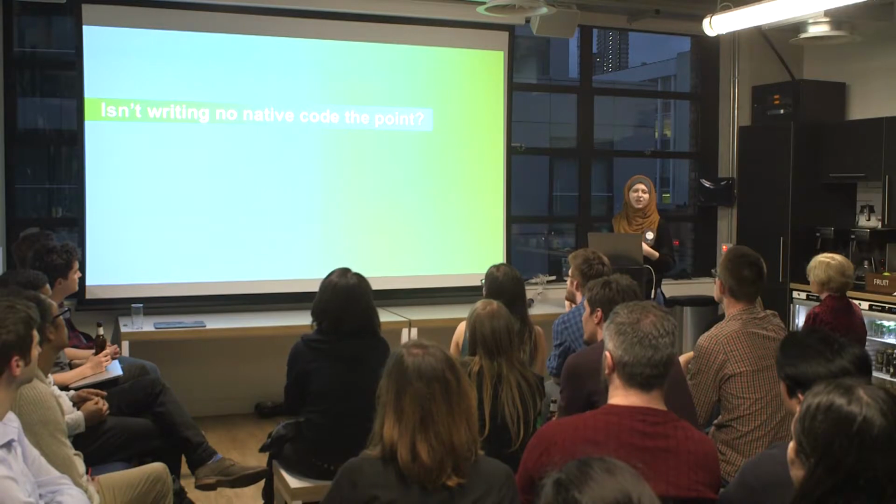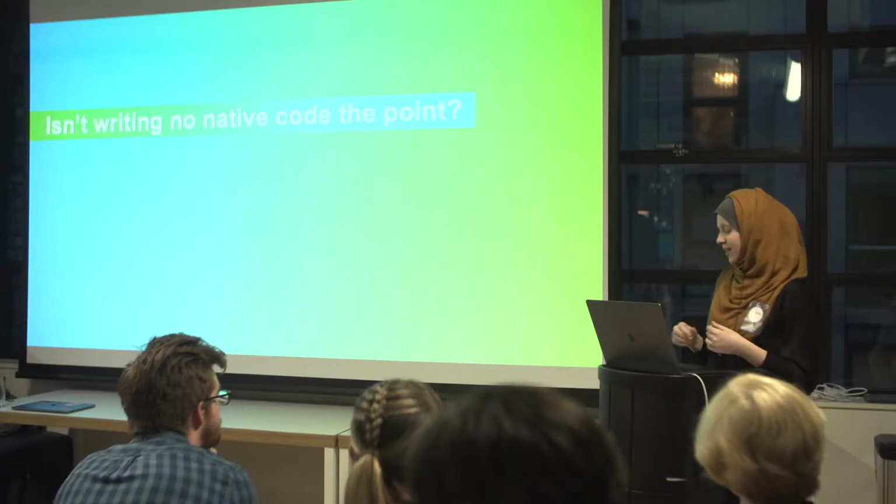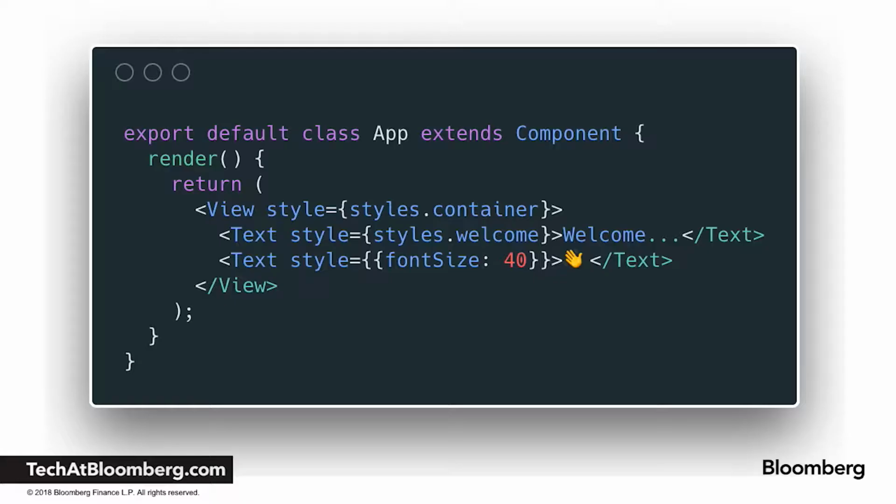Let's have a look at a sample React Native application, very basic. Say I've written an application which has a ton of functionality, including displaying emoji and some text. We've got some very simple code here. We're just rendering some different elements. We're returning a view, and some text labels.